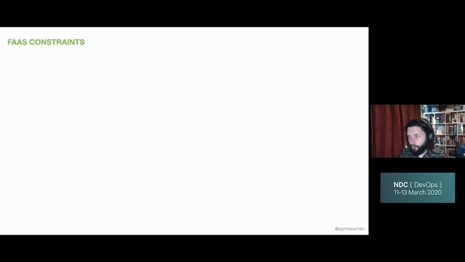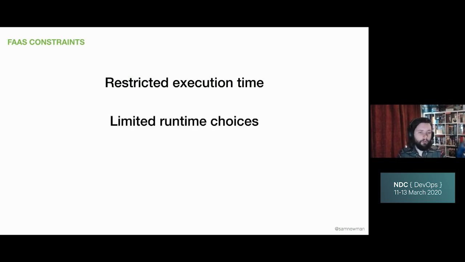Now, I have mentioned some of the constraints. You typically have a restricted execution time. You also have somewhat limited runtime choices. Now, this does vary; the execution time varies from platform to platform. Google Cloud, for example, is really behind in the number of runtime choices. You've got JavaScript and Go, and I think Java might be in beta. I'm not even sure if the Python stuff is out of beta yet either.